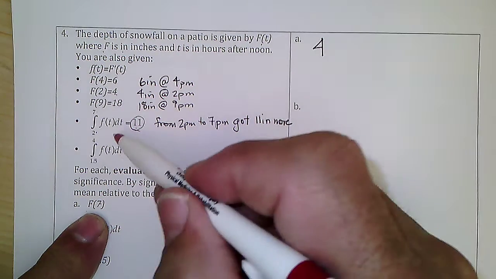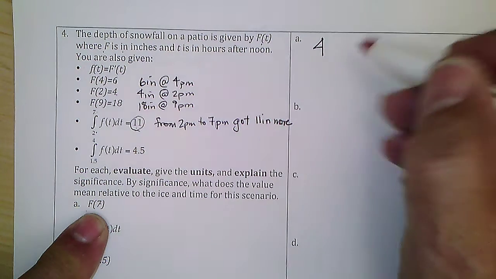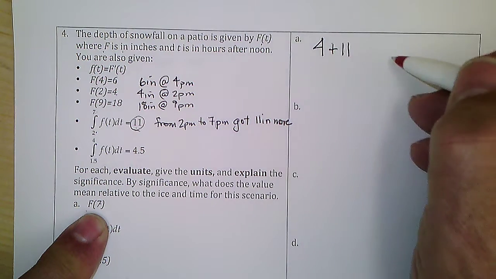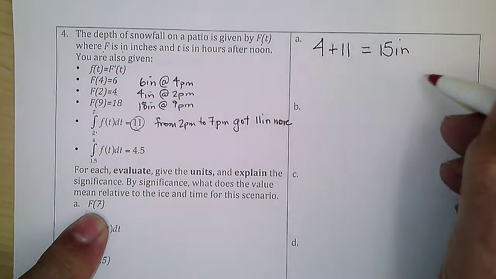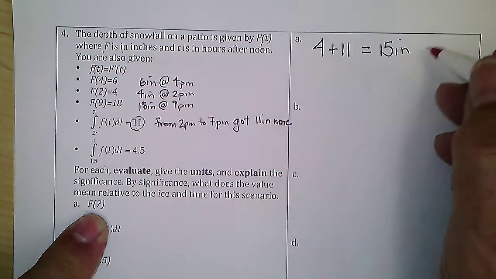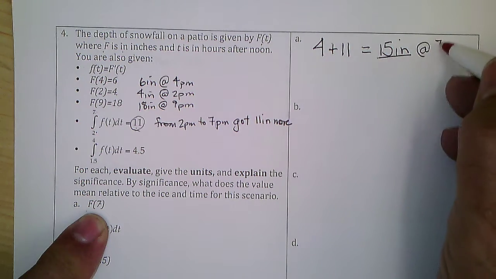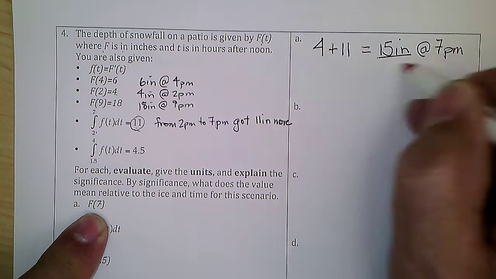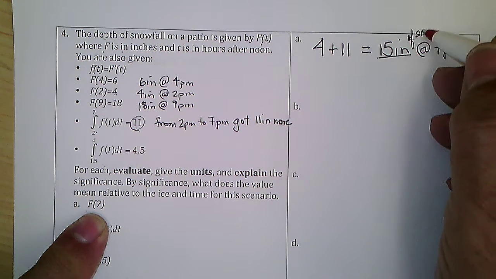And then from 2 to 7, there's 11 more inches. So that makes 15 inches, not increase, not fell, but that's how much there is at 7 p.m. That's inches of snow.